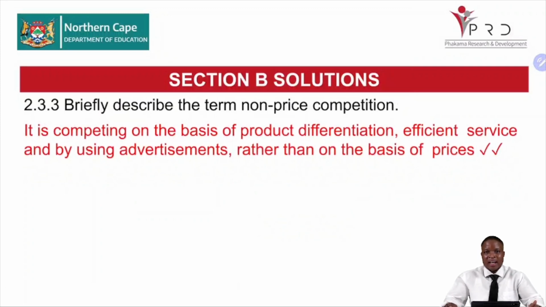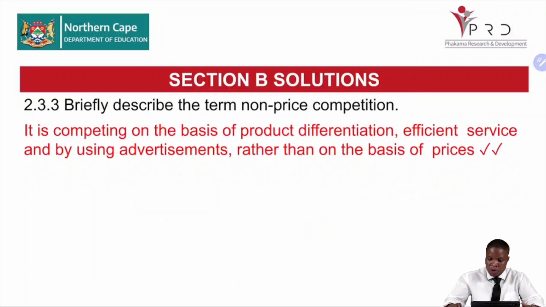It only means that the producers are going to suffer, and us consumers are going to benefit because they'll be decreasing prices every day so that they can be the cheapest in the market. So for them to avoid that, they use other methods: advertising, door-to-door, giving loyalty points so that they can attract more market share.